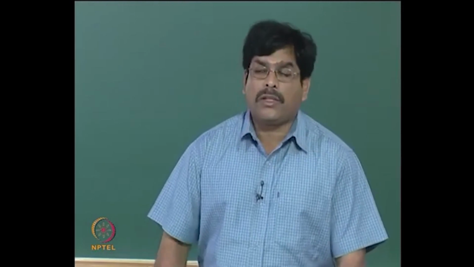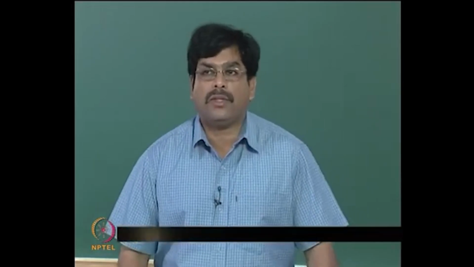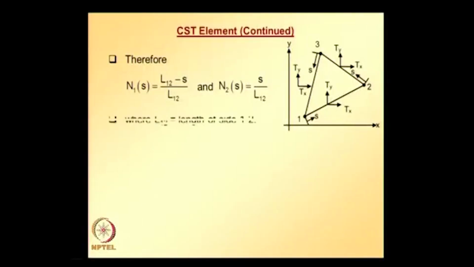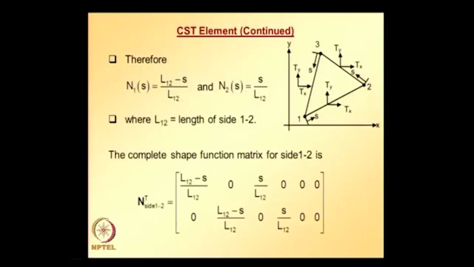So, the complete shape function matrix for side 1 2 can be written like this: the first row consists of n1 0, n2 0, n3 0, where n3 is 0, and the second row consists of 0 n1, 0 n2, 0 n3, again n3 equal to 0. So, we obtained the shape function matrix along side 1 2.